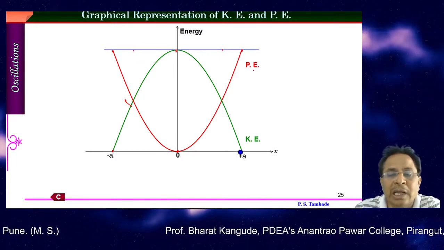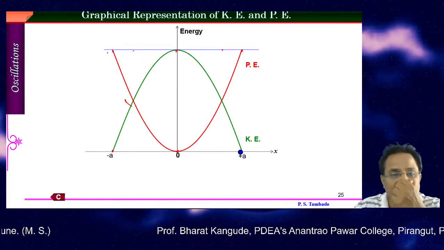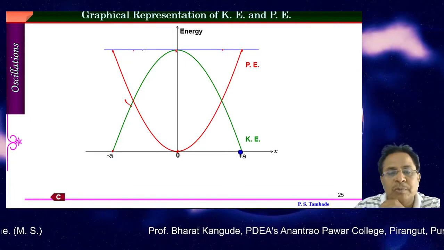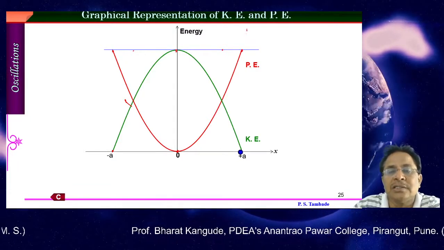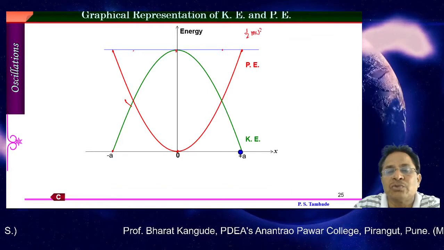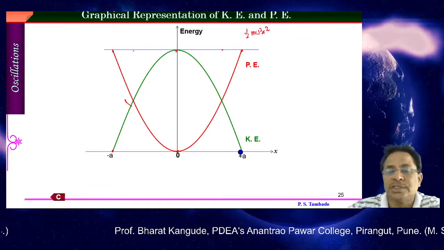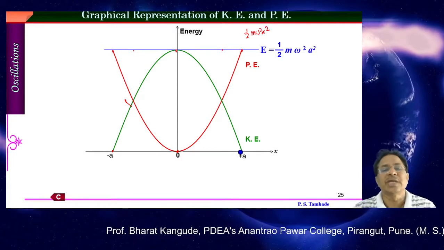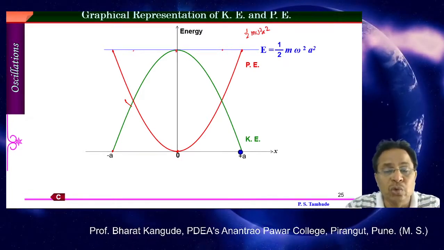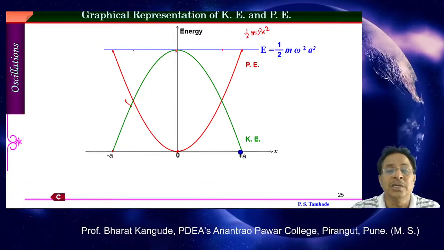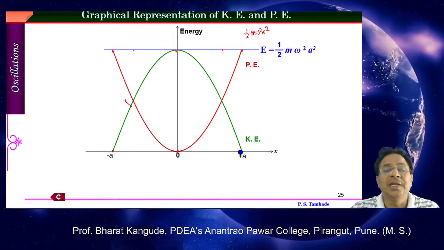So whenever I add the kinetic and potential energy, I always get this blue line, which is shown. And this is nothing but 1/2 m omega square into A square. So this is the total energy of this type of simple harmonic oscillator. This diagram shows the graphical representation of kinetic energy, potential energy and the total energy.